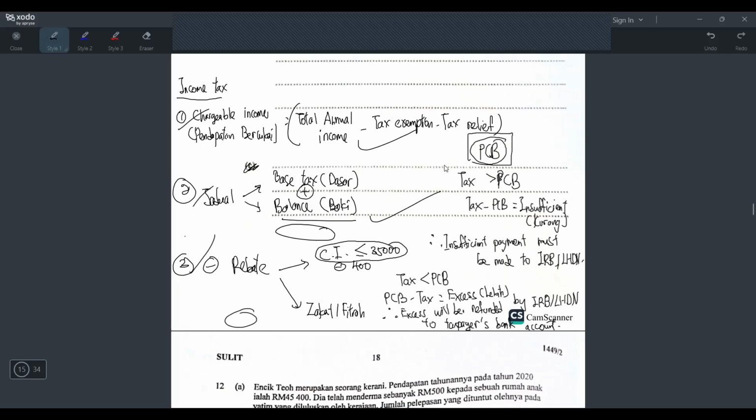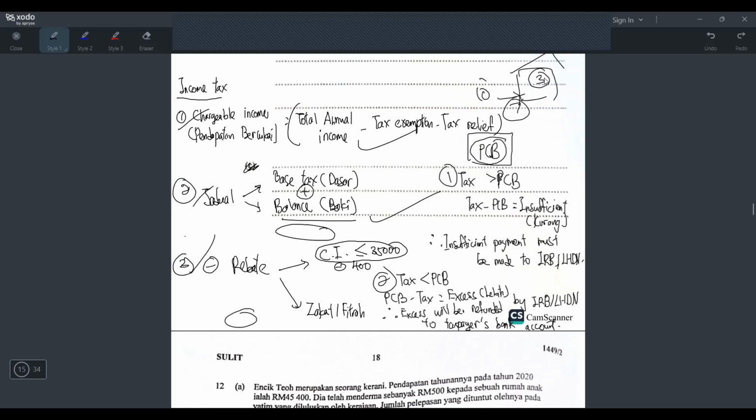So let's talk about PCB. Got 2 case. PCB is like a type of discount. Okay, potongan, right? It stands for potongan. So if the amount you have to pay is more than the discount, like imagine you go to a shop, right? The discount is 3 ringgit, but you have to pay 10 ringgit. So it means you have to pay how much to the guy? 7 ringgit, right?